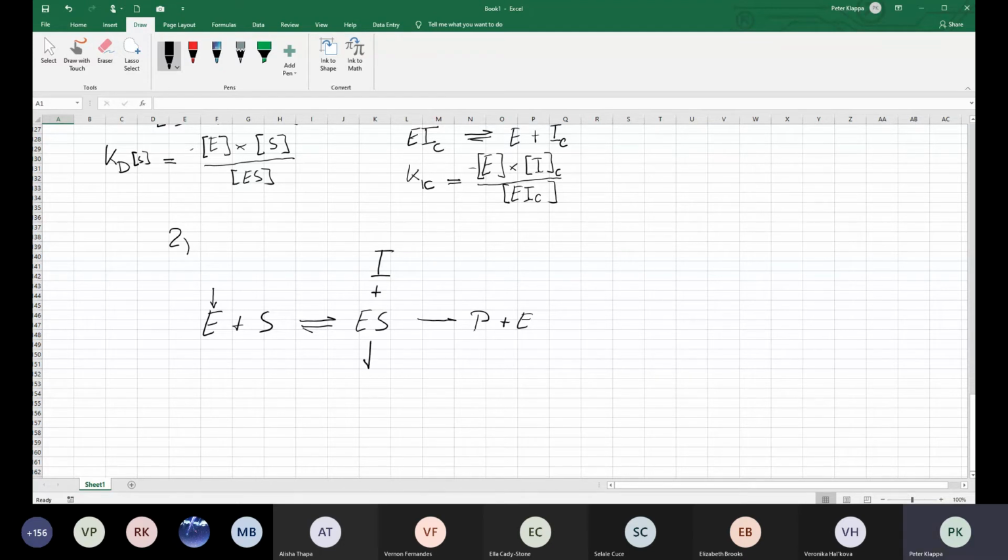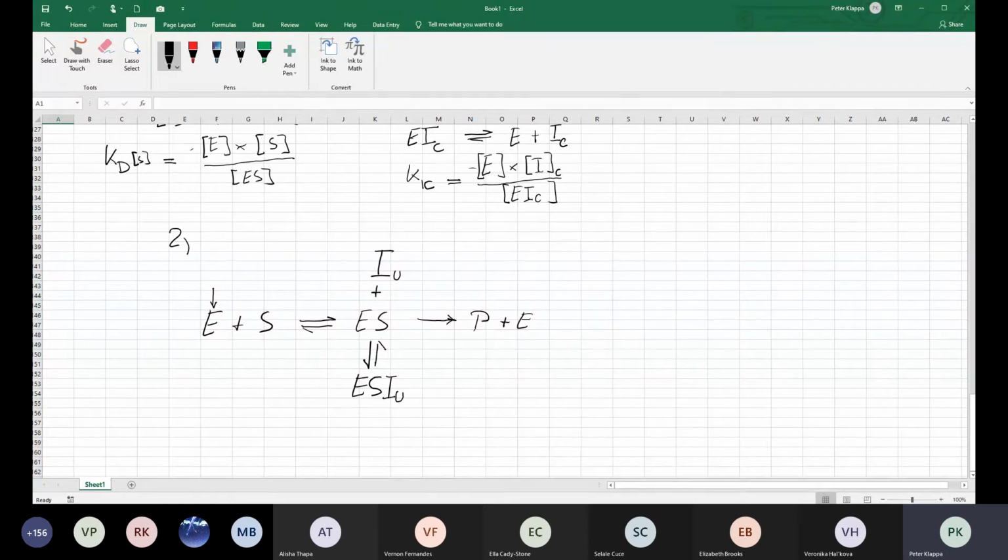Good thinking. And again, because it's a reversible inhibitor, we have this equilibrium and we form a complex E, S, I. In this case, I want to indicate that this is a different inhibitor, and I indicate that with a U: ESIU.